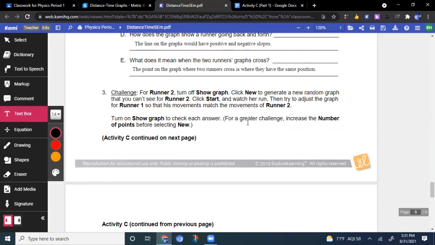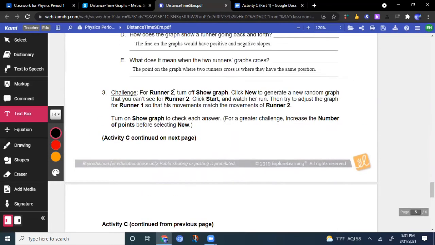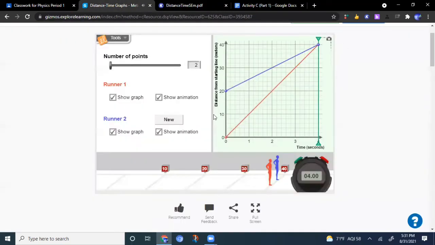Then try and adjust the graph for runner 1 to see. And so basically, we're going to turn off the show graph. We're going to start it again. And so now we have a random new graph. And if I run the graph, I can see what this person is doing.